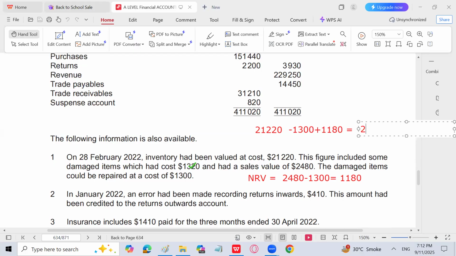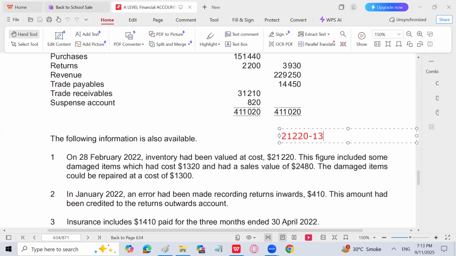So the correct value of inventory is 21,100. So we value the inventory through this method, which is 21100. It was 1320, I was wrong actually. So I have to subtract: 21220 minus 1320 plus 1180. No problem.